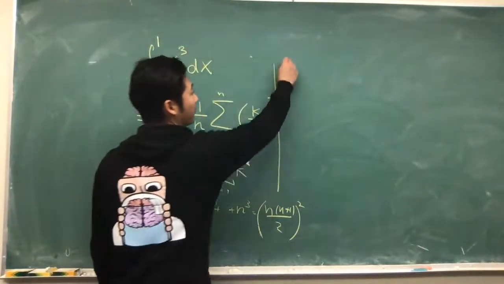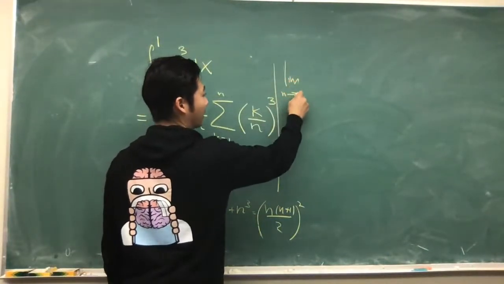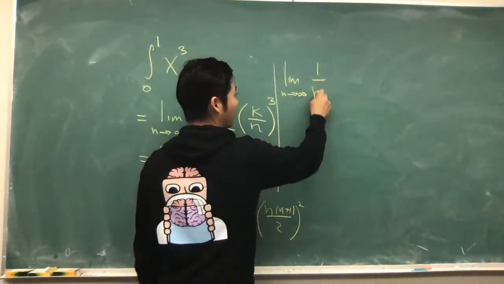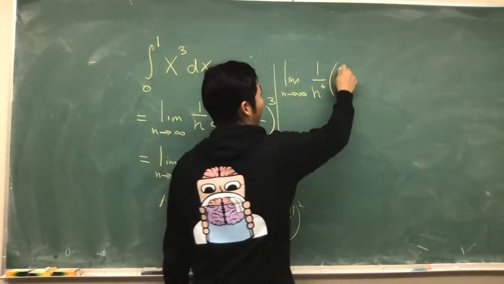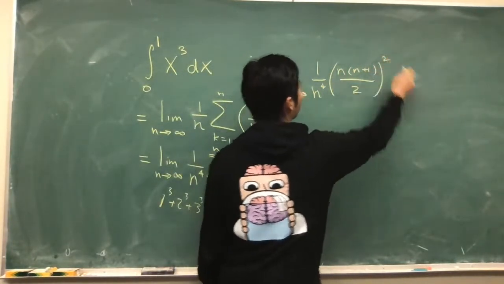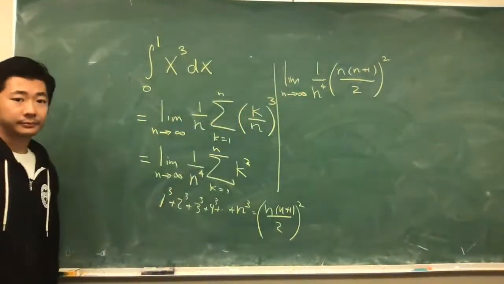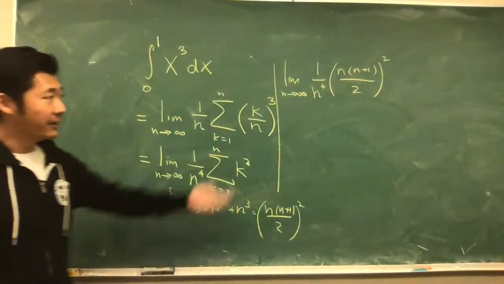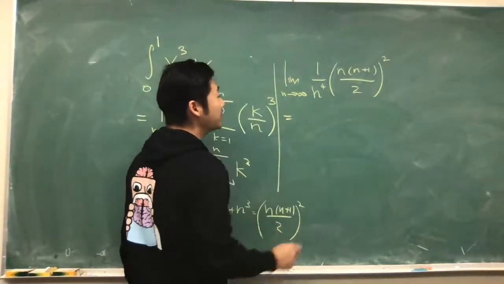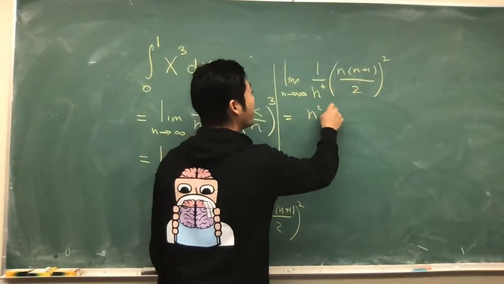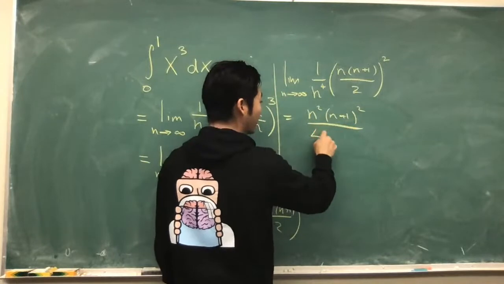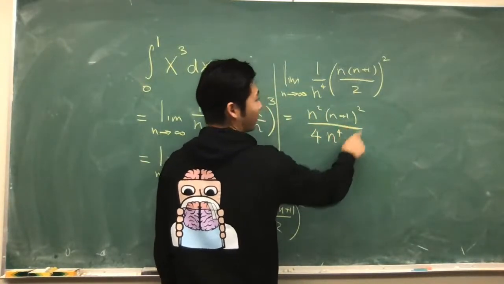And so we have the limit as n goes to infinity of 1 over n to the 4th times n times (n plus 1) over 2, squared. And now this is just a regular old two-way limit. So this is n squared (n plus 1) squared over 4 n to the 4, 4 because 2 squared.